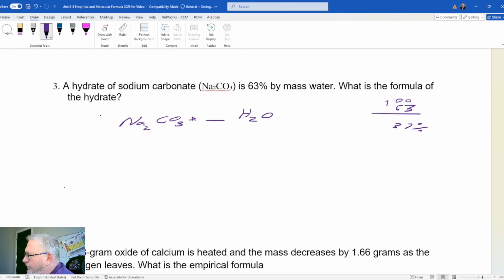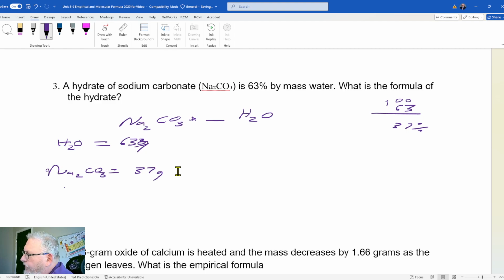Okay? So, that means I can assume that water is 63 grams because that's the percentage. We're going to call that grams now. And Na2CO3 is 37 grams.